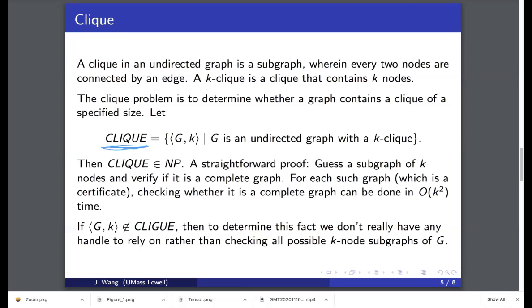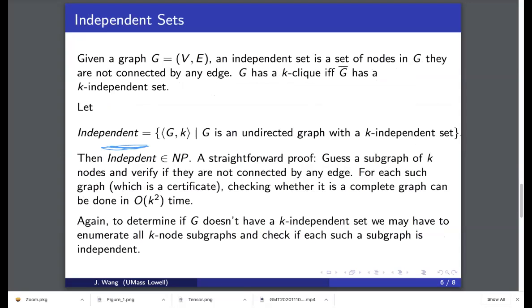So we try to use examples to get used to these ideas. The next one, we're going to look at the counterpart of clique, which is independent sets. An independent set is just the complement of a complete graph. If a graph is complete, its complement is independent. In other words, nodes in this complement have no edges at all, so they are independent.